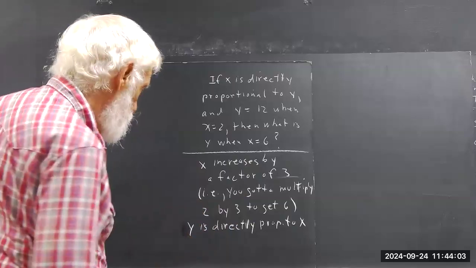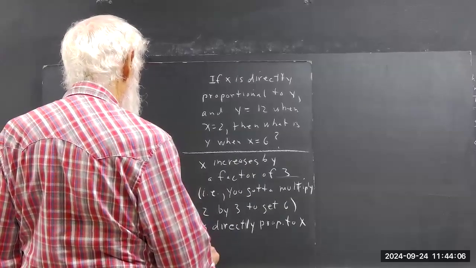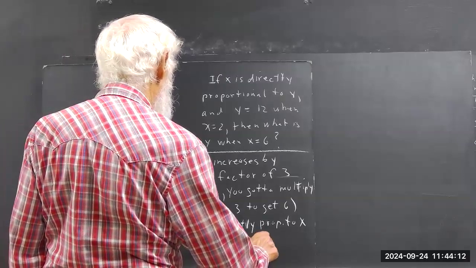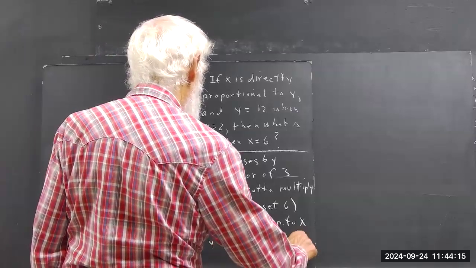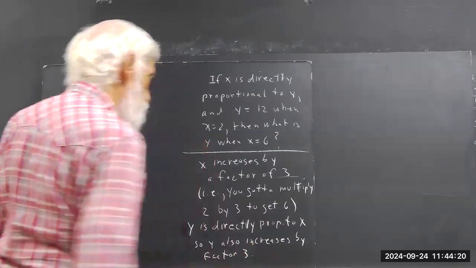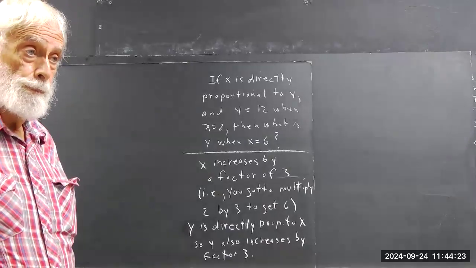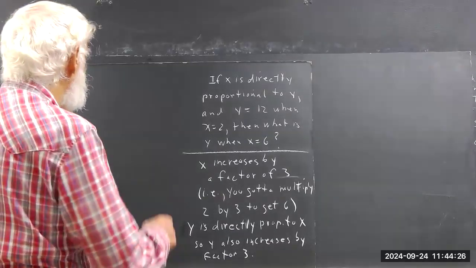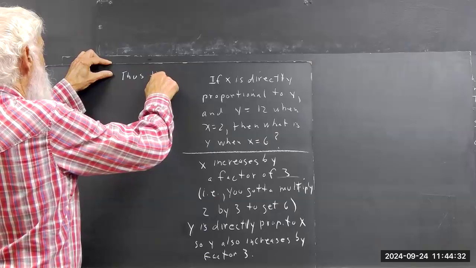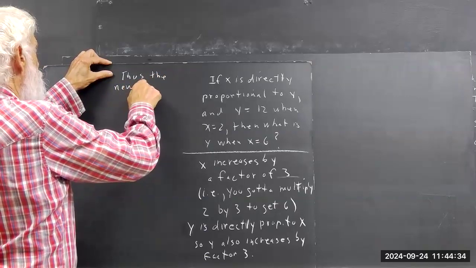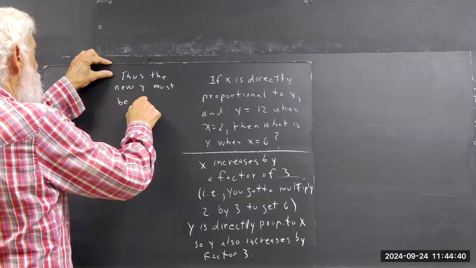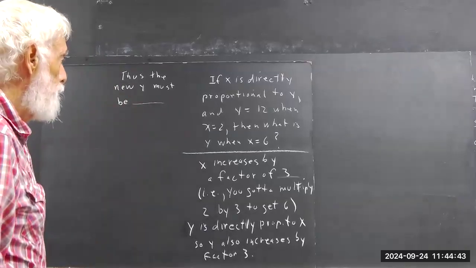Y is directly proportional to X. Y also increases by factor 3. So the new Y must be what?